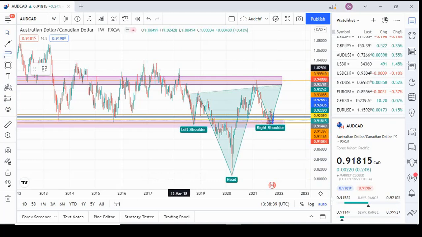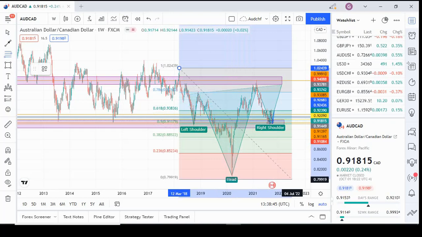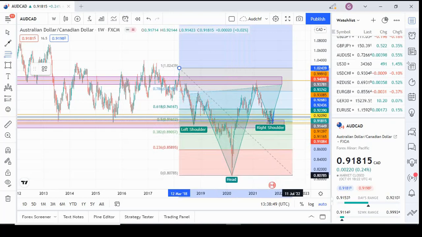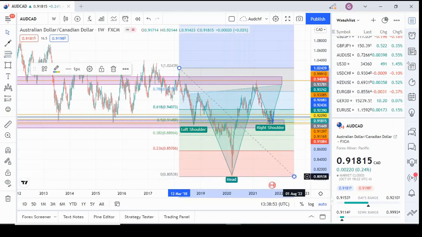Now let's take the Fibonacci retracement and check what's going to happen. Check those key levels, the price range. Looking at the Fibonacci levels, we can see that price is on the 50. We know that the 50 is a very important key level, a very important price range to look at.